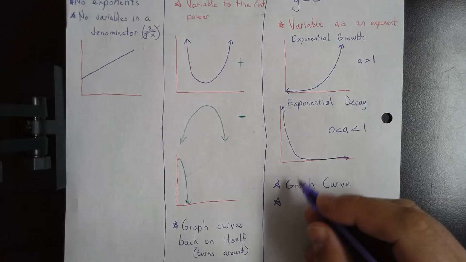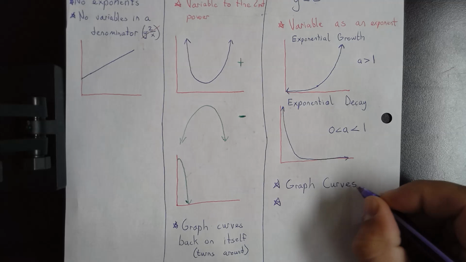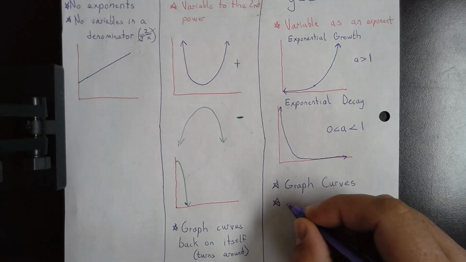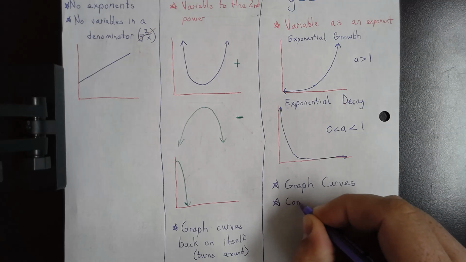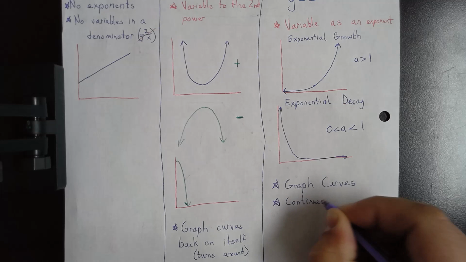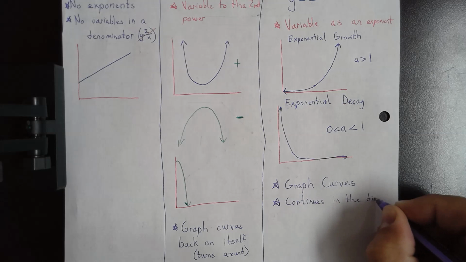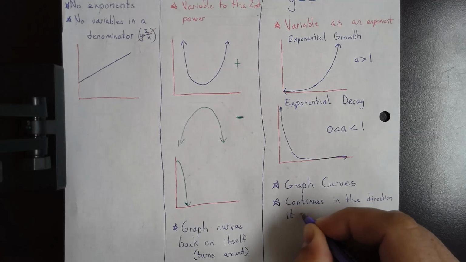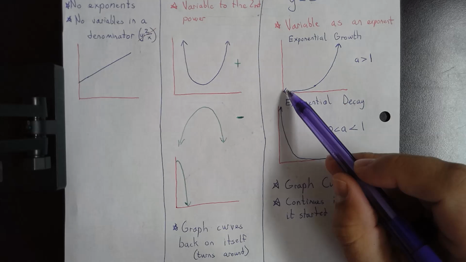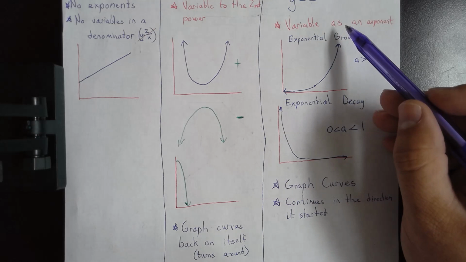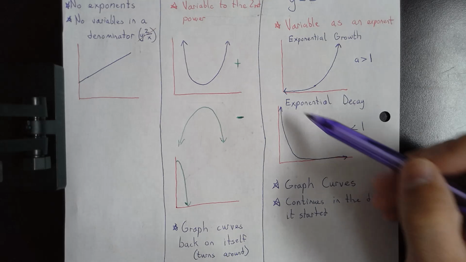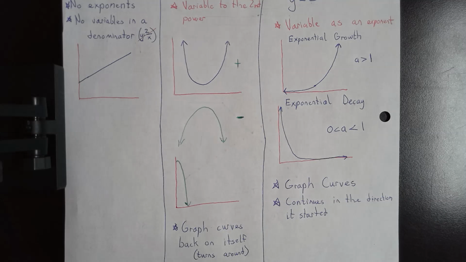So the graph curves and it continues in the direction it started. Okay, so exponential growth is always going up through that whole process. Exponential decay is always going down through that process. Any questions so far?